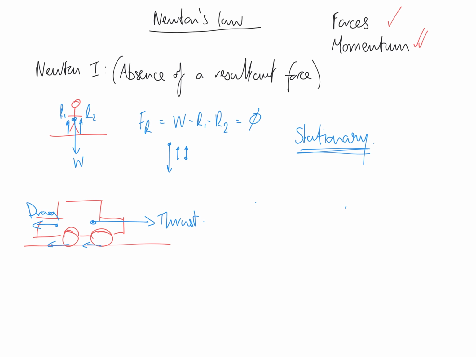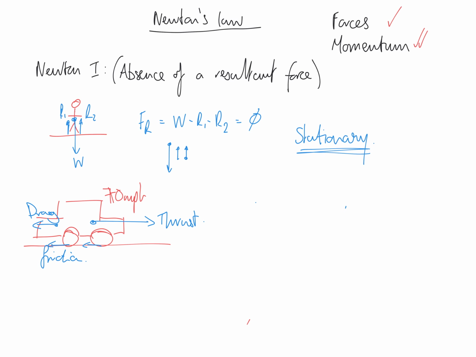Drag from the air and friction from the tyres. And this thing is going at 70 miles per hour. Let me rewrite that properly. So it's travelling at 70 miles per hour.